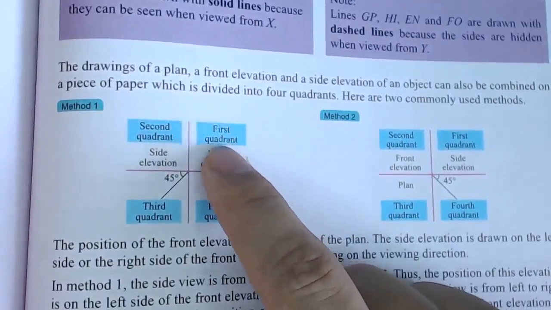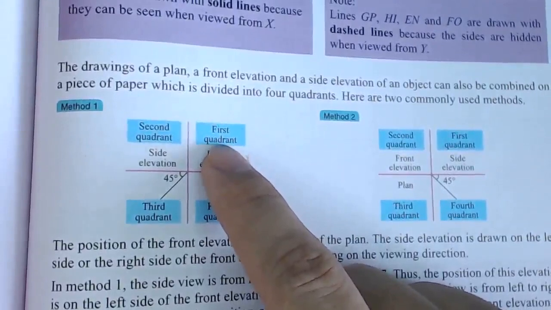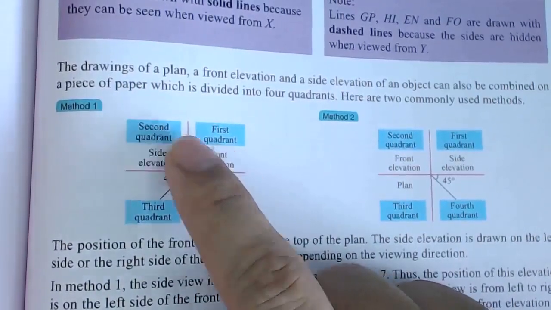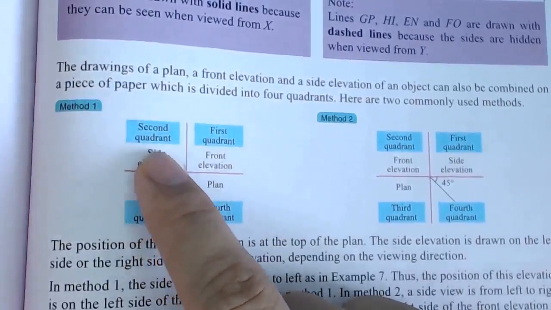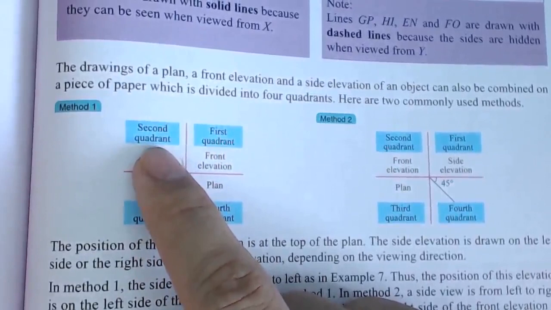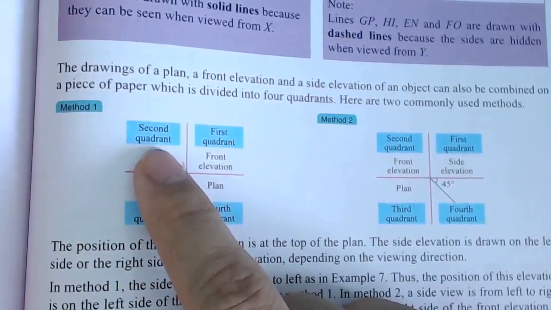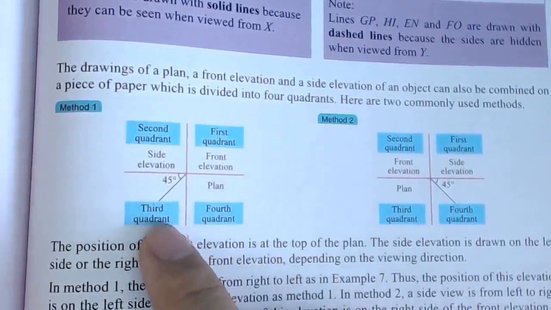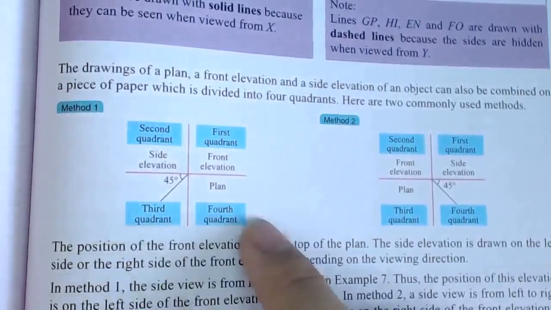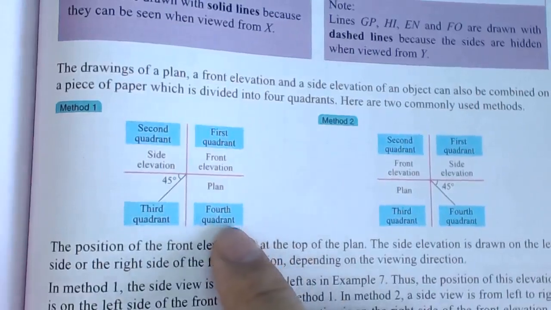The first part here is what we call first quadrant, followed by second quadrant, upper left side. Below and left side is third quadrant, and the last one is fourth quadrant.